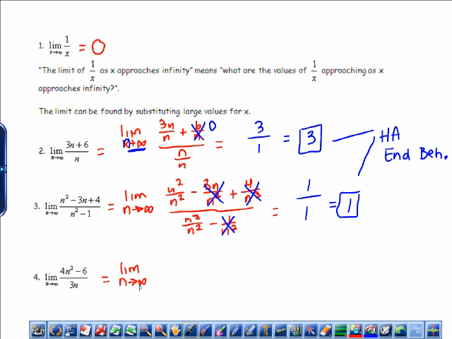So what would we divide by? We would divide by the highest exponent, which is n squared. And I also need to divide this 3n by n squared. Anywhere a really large value of n will make that term go to 0, we're going to cross those off.